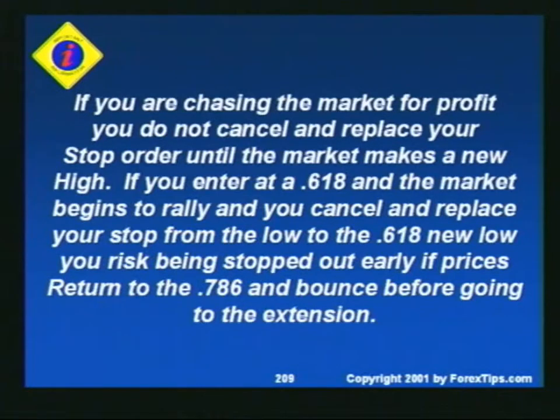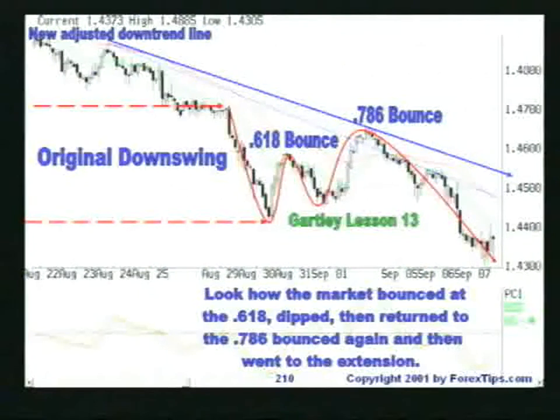Now, if you are chasing the market for profit, you cannot cancel or replace your order until the market makes a new high or low. If you enter at the 618 and the market begins to rally or react, and you cancel or replace your stop from the low to the 618 or the high, then you will be doing it prematurely.